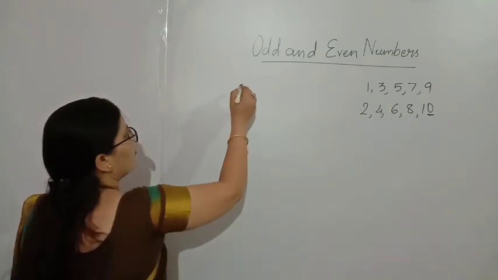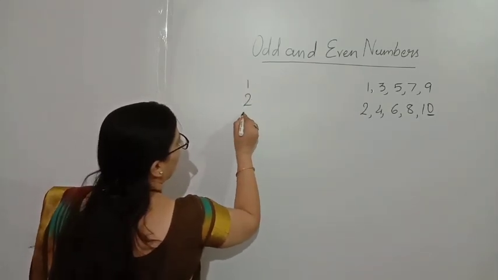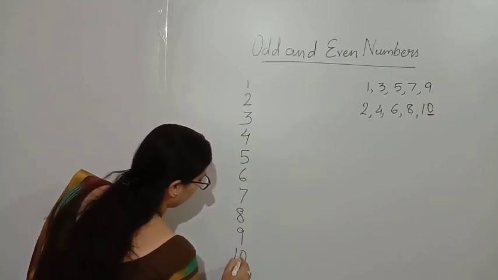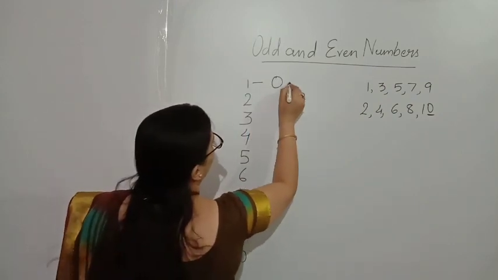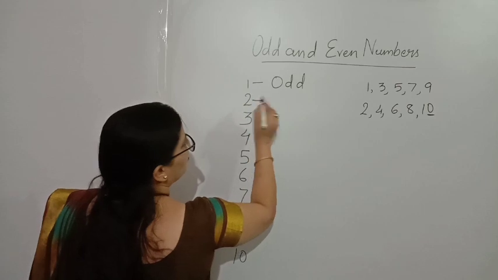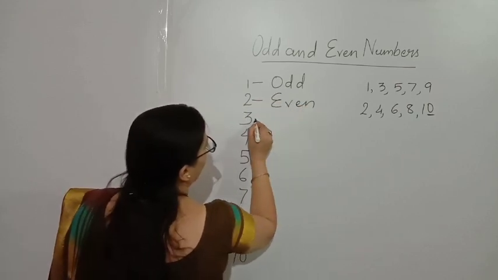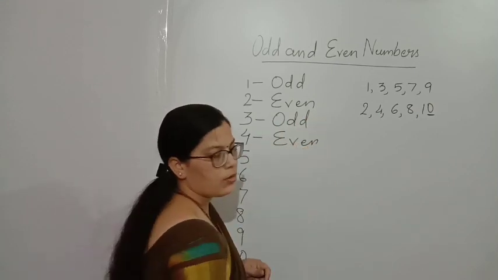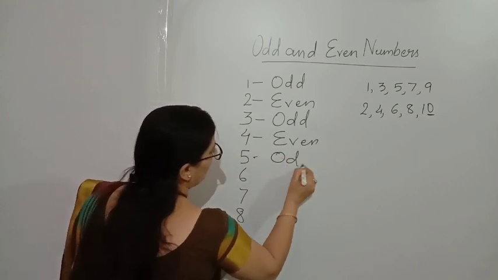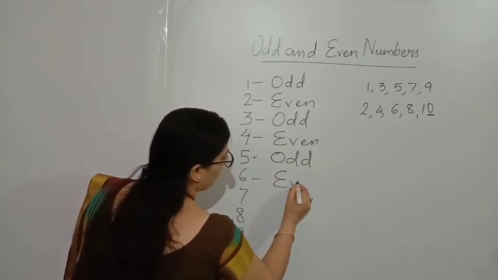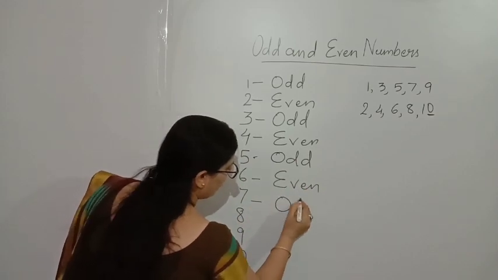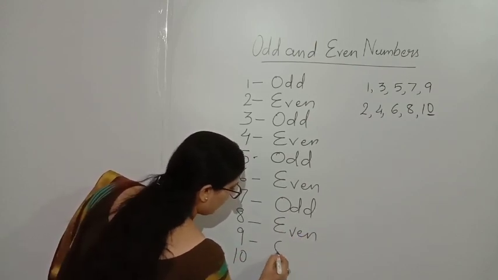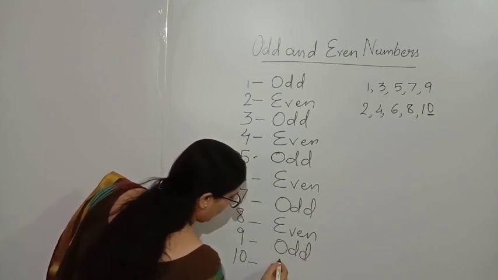So what we find here is, 1 is an odd number, 2 is an even number, again 3 is an odd number, 4 is an even number, 5 again is an odd number, 6 is even, 7 is odd, again 8 is even, and 9 is odd, last 10 is also even.